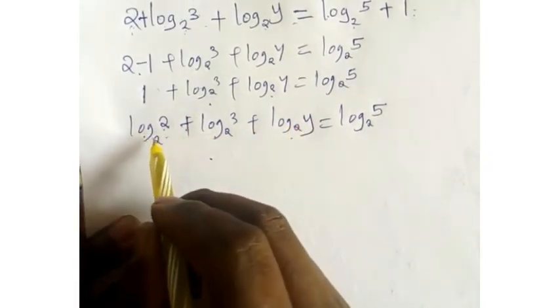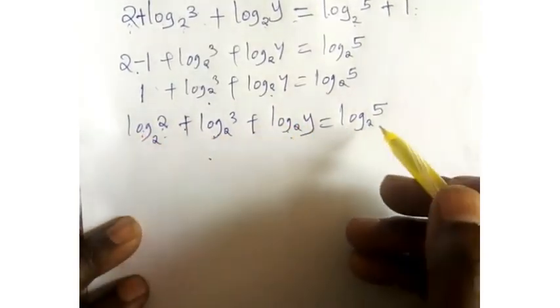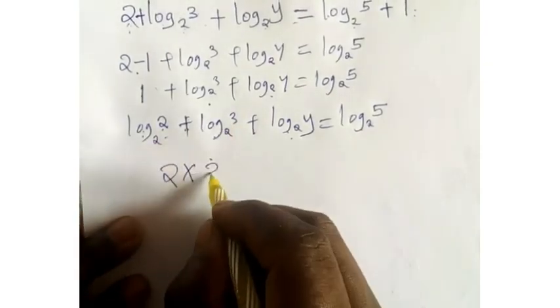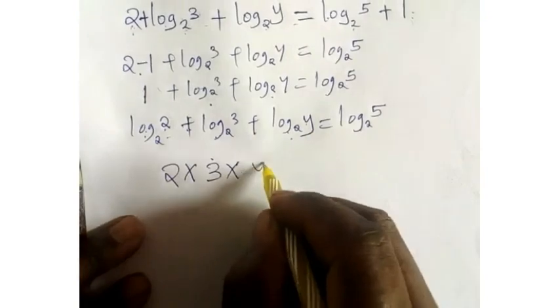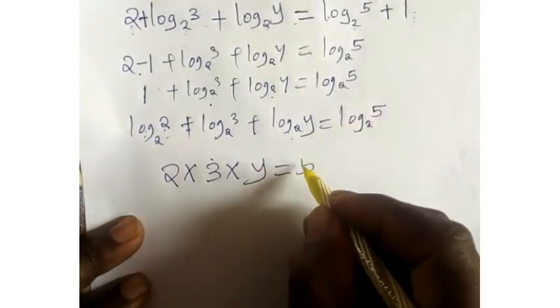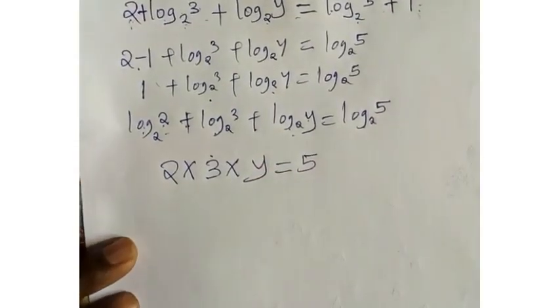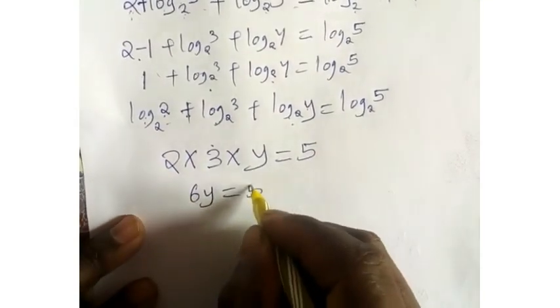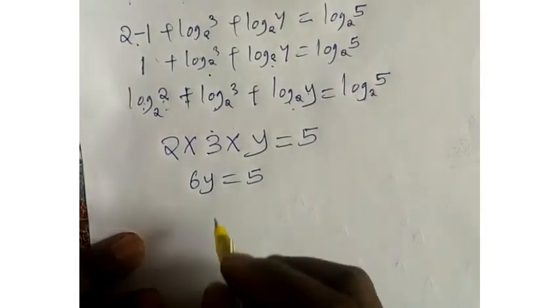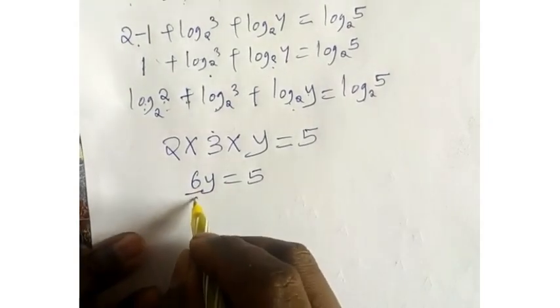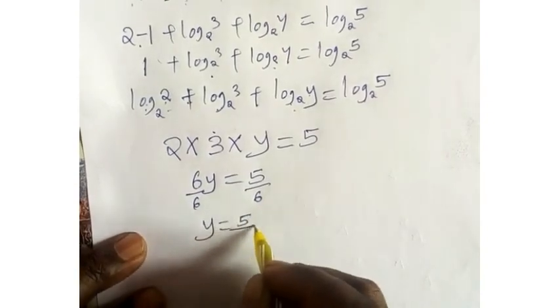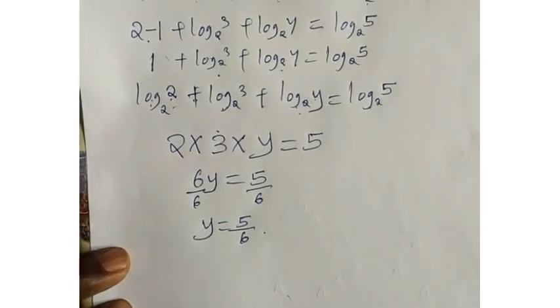So when we ignore the logarithm, since the base is the same, we are going to have 2 times 3 times y, and the answer is 5. So now we are going to have 6y equal to 5. And then we want the value of y, we divide by 6, divide by 6. So y is equal to 5 over 6. Like that.